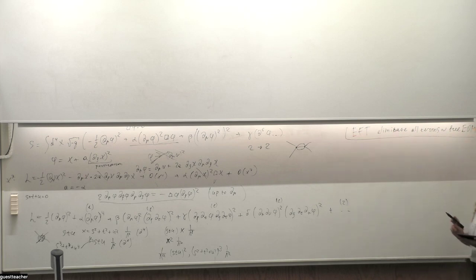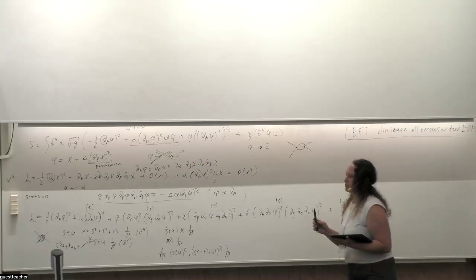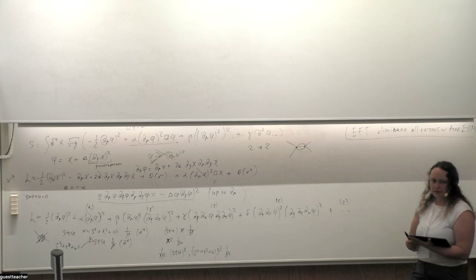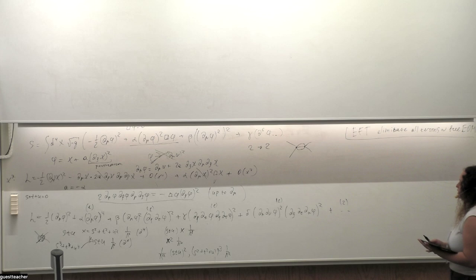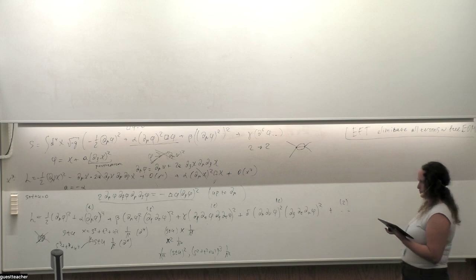That's another secret knowledge of EFT people: once you see something proportional to equations of motion at tree level, you can simply eliminate these terms from the EFT and not write them in the expansion, because they will not contribute to the amplitude on shell.